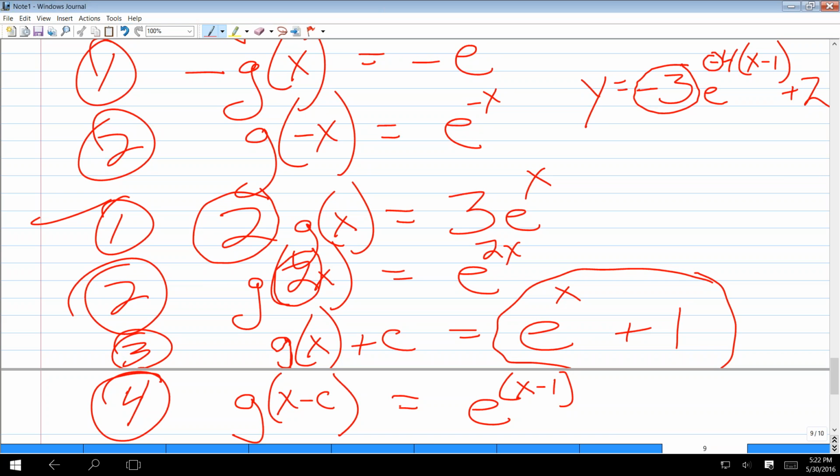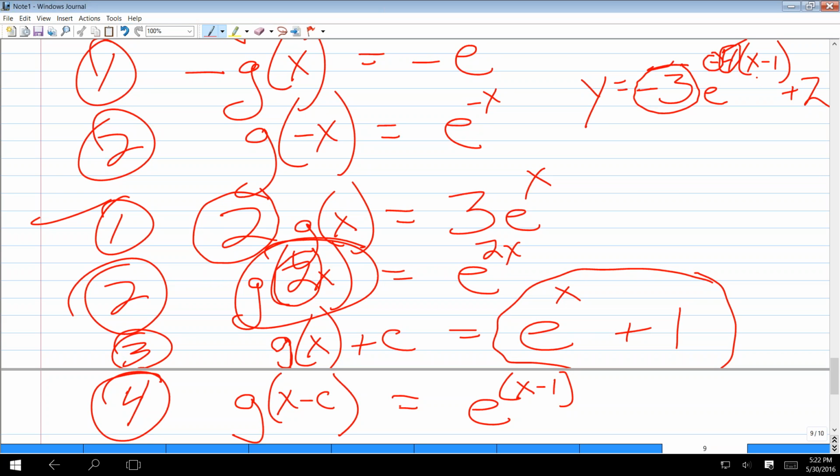And then after that, well, that's a multiplier inside. In other words, that looks like that, right? We already did the reflection, but the multiplier is inside, so that is a compression by a factor of 4. This is a stretch, that's a compression.